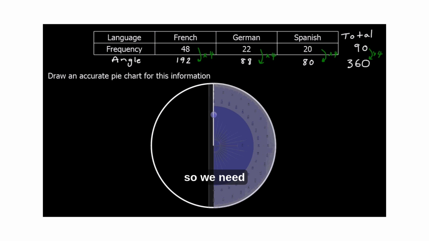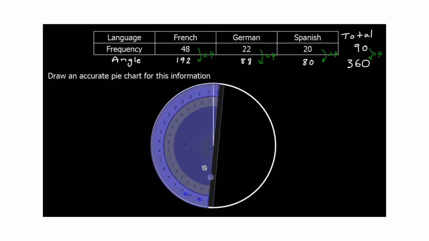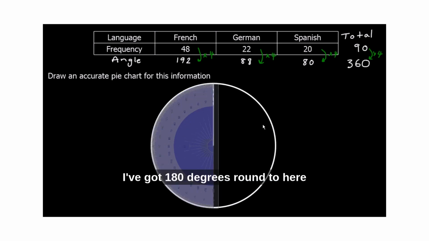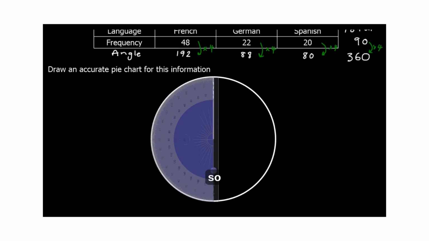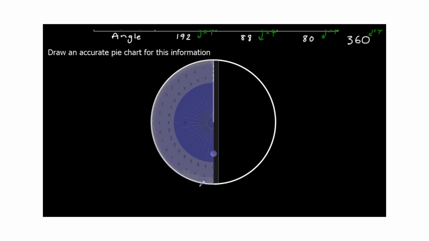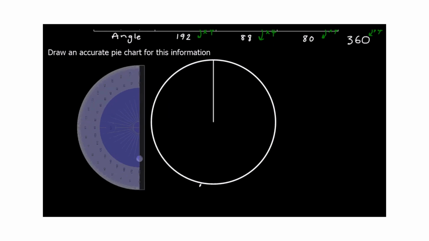So we need another 12 degrees. So 180, we need 12 more degrees. So what I'm going to do, I'm going to spin it all the way around. So I've got 180 degrees round to here, and I want another 12 degrees. So there we've got 192 degrees.